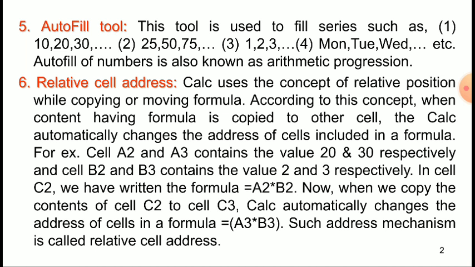Now when we copy the contents of cell C2 to cell C3, Calc automatically changes the cell addresses in the formula to equals A3 into B3. Such an address mechanism is called relative cell addresses.